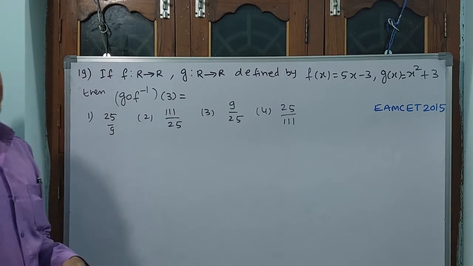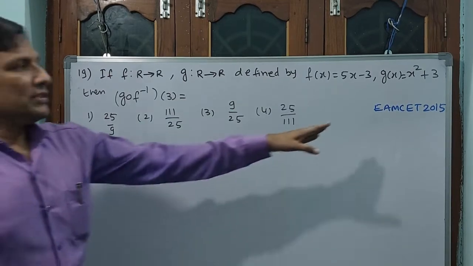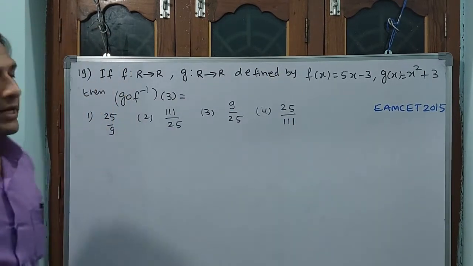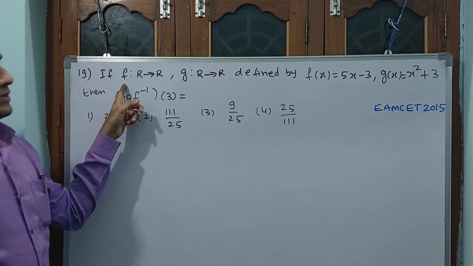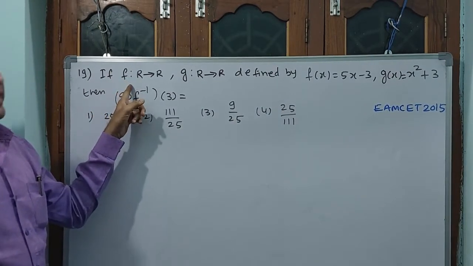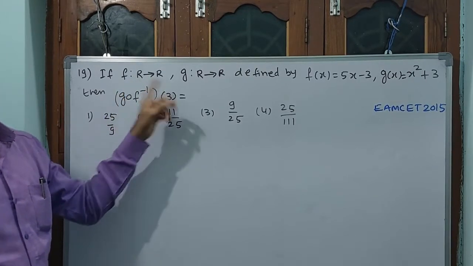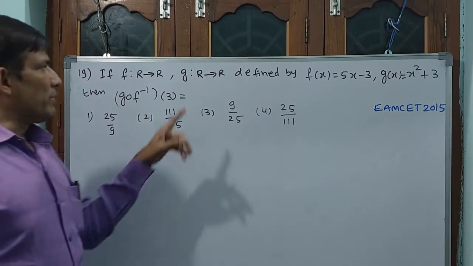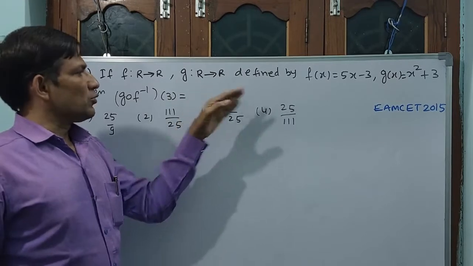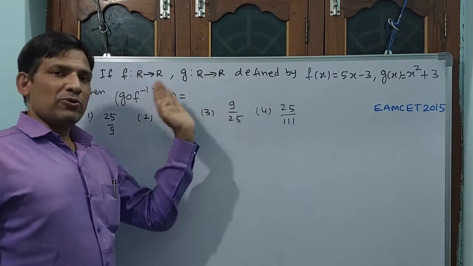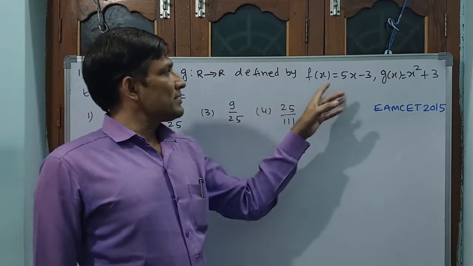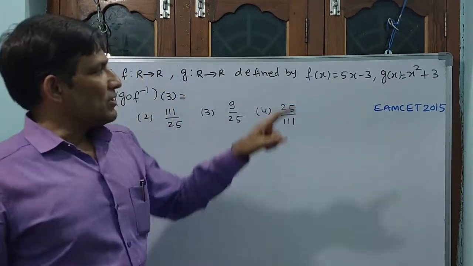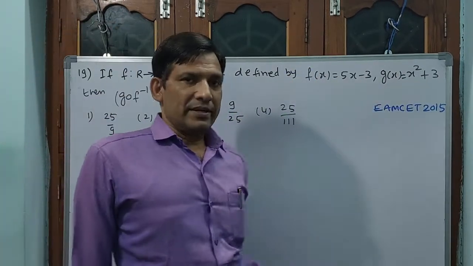See question number 19. This is an Eamcet 2015 question. The function f is defined from the set of real numbers to the set of real numbers, both domain and codomain. Function g also, two functions are there, real numbers to real numbers. The original function f is 5x minus 3, and the original function g is x square plus 3.